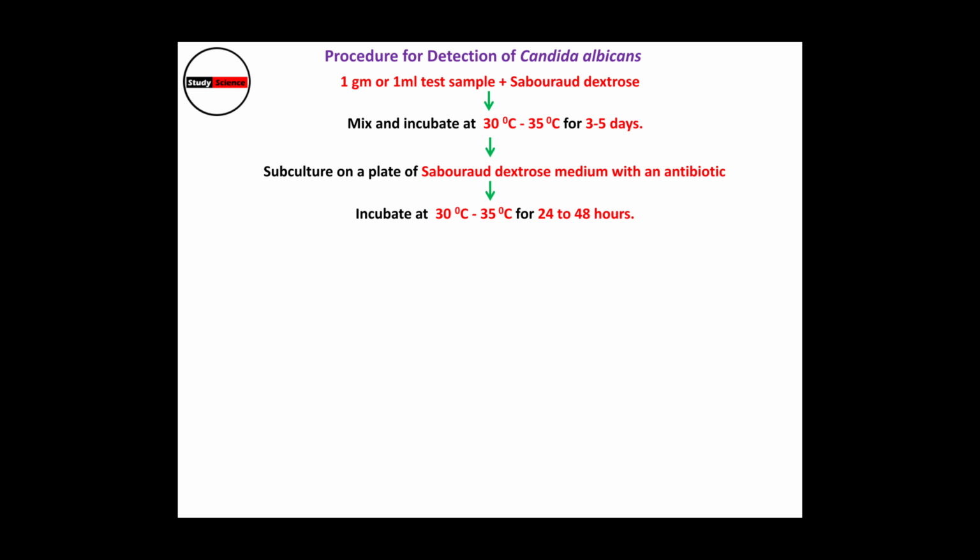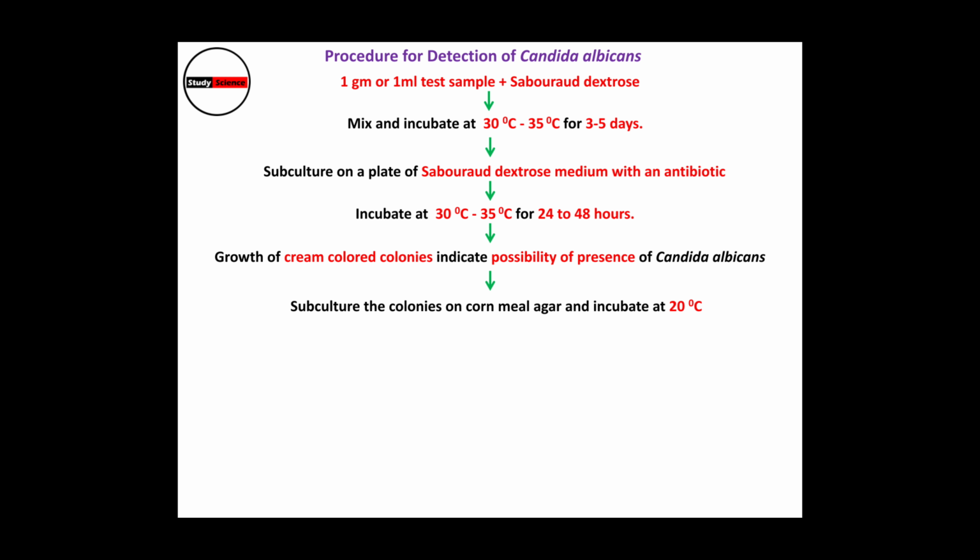Incubate at 30 to 35 degrees Celsius for 24 to 48 hours. Growth of cream color colonies indicates possible presence of Candida albicans. Subculture the colonies on cornmeal agar and incubate at 20 degrees Celsius. If chlamydospores are formed, it indicates the presence of Candida albicans.